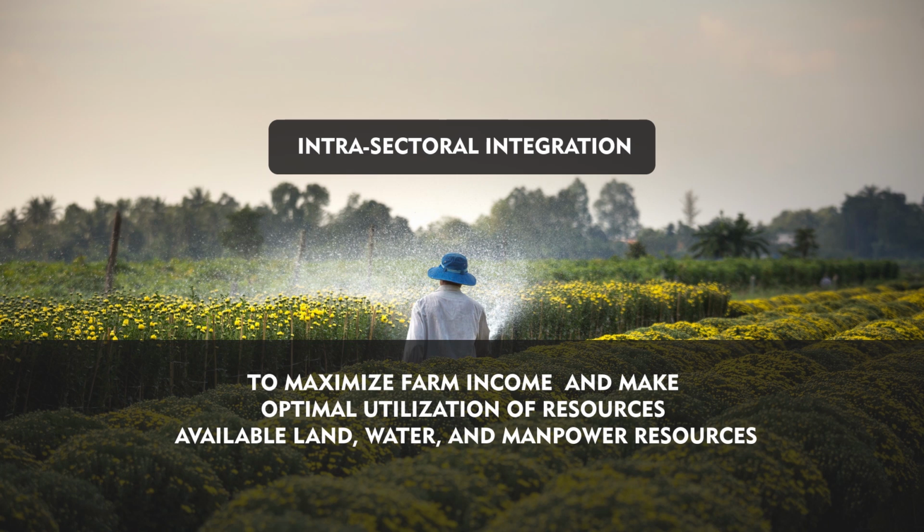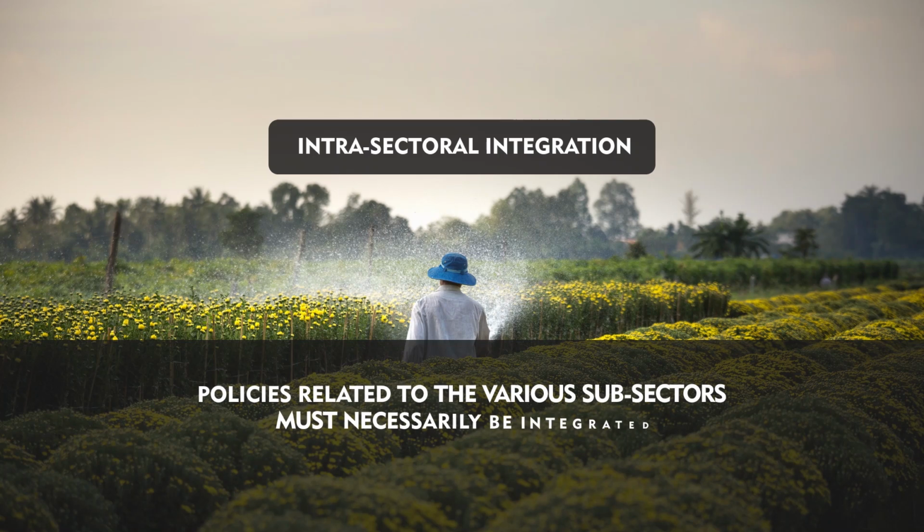Then we need to integrate the policies related to the various subsectors, and these policies must be integrated in a well-planned manner. Like if we are developing a policy to increase the income of farmers, and we are developing some policy for cereal crops, then we also need to see the policies related to the livestock sector.